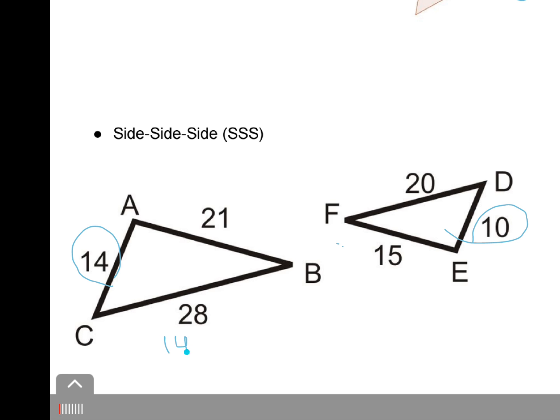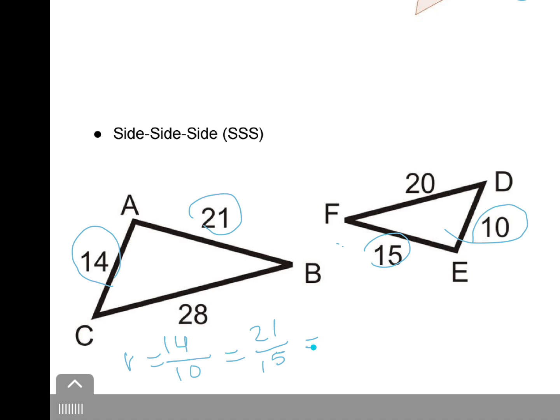So I'm going to consider this first triangle on the left the new. So I'm going to say 14/10. That's the scale factor I'm going to test. Now before I even mess with that, I'm going to test the other numbers too. Let's go 21 over the middle value here, which is 15, so this is going to be 21/15.